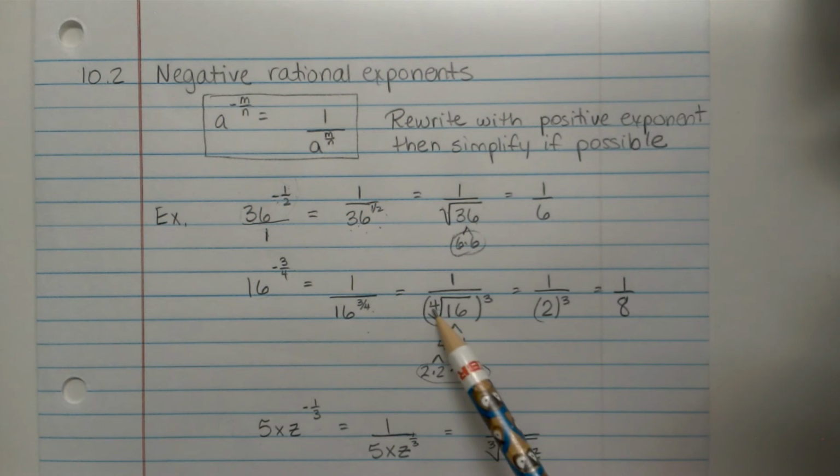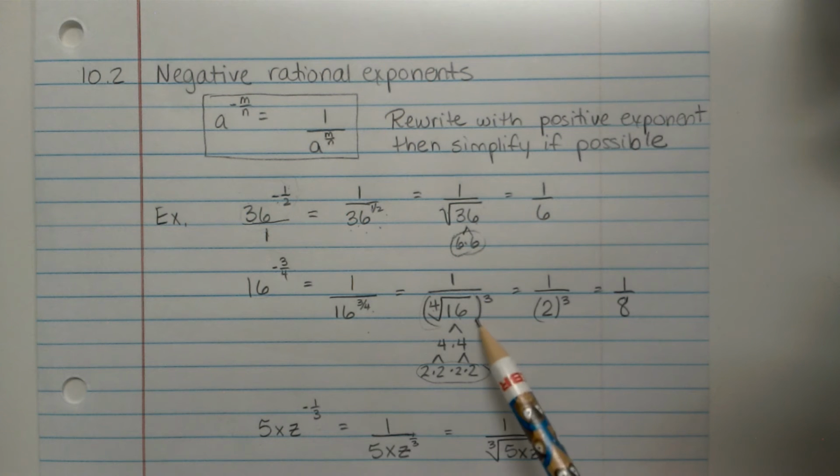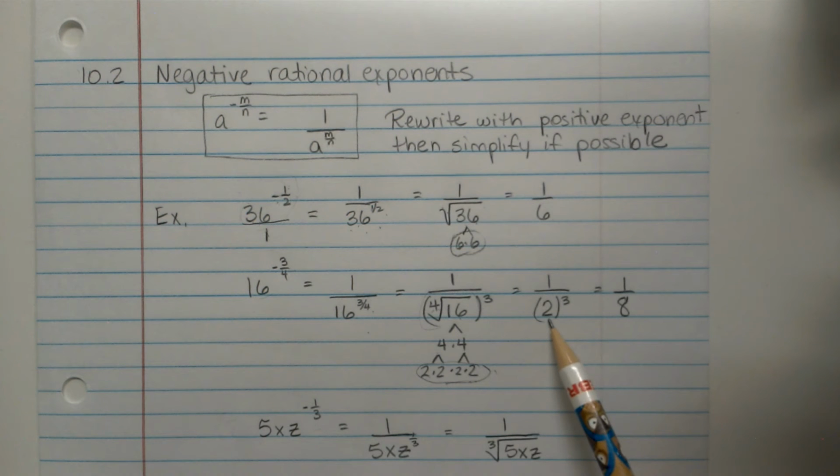I'm going to do the root first to get smaller numbers, and then raise to the power. So I'm looking for a set of 4 of something. So I use my factor tree, and I find 4 2's. So the 4th root of 16 is 2, and I'm raising it to the cube power, and 2 times 2 times 2 is 8.